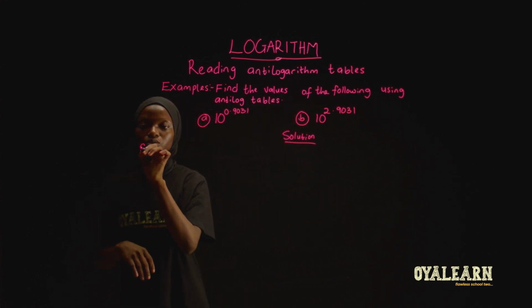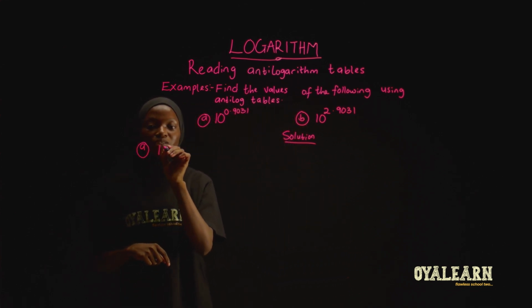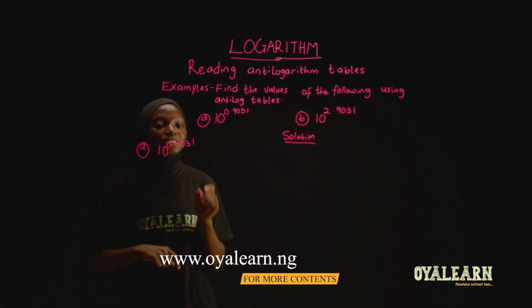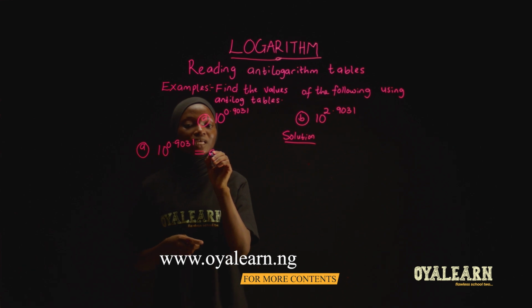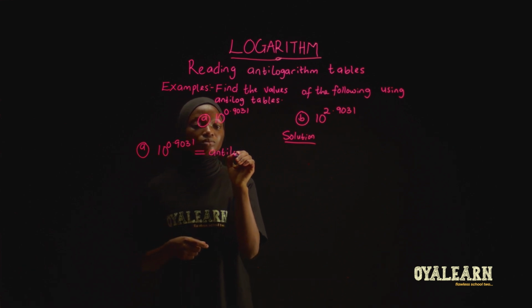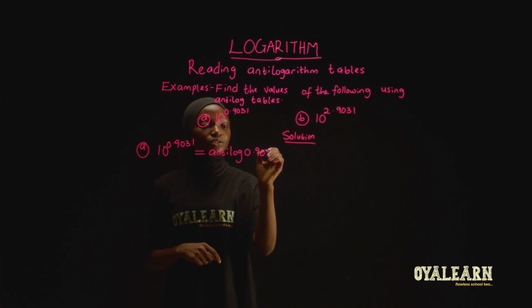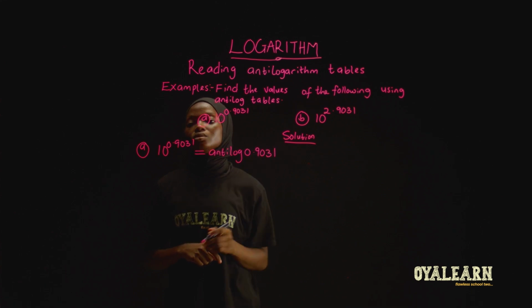The first question, we have 10 raised to the power of 0.9031, which is the same thing as looking for just the antilog of the power 0.9031.